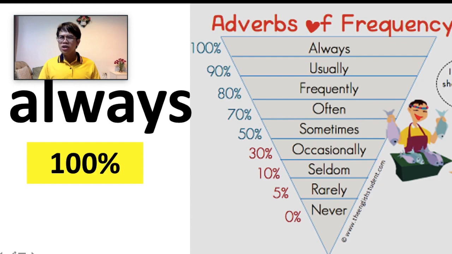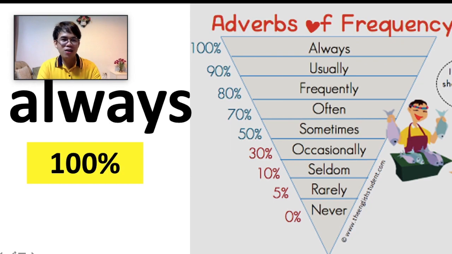But if you watch it 50% of the time, you can answer sometimes. Sometimes I watch a movie, sometimes I do not. But if you do it all the time, like 100%, you can say always. I always watch a movie. Do you understand? I hope you understand.